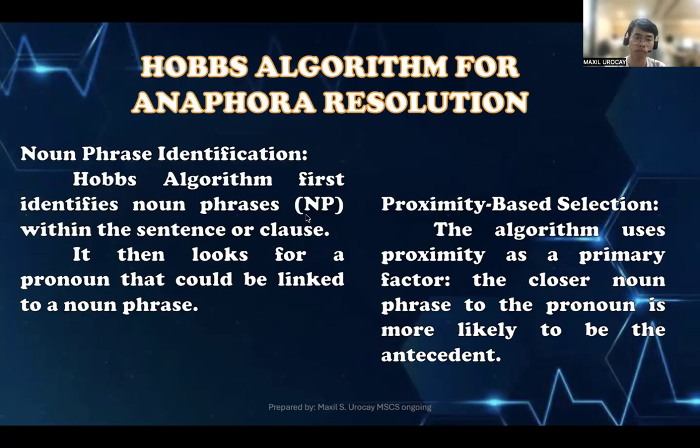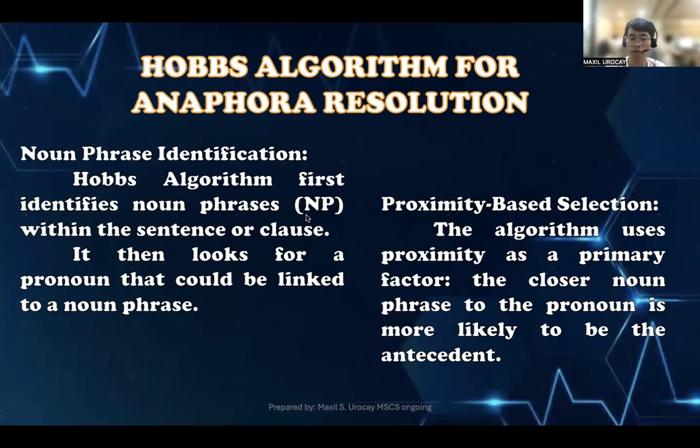Now, for the noun phrase identification, the Hobbs algorithm first identifies the noun phrases within the sentences or clause. It then looks for a pronoun that could be linked to a noun phrase, and then the proximity-based selection, the algorithm uses proximity as a primary factor.